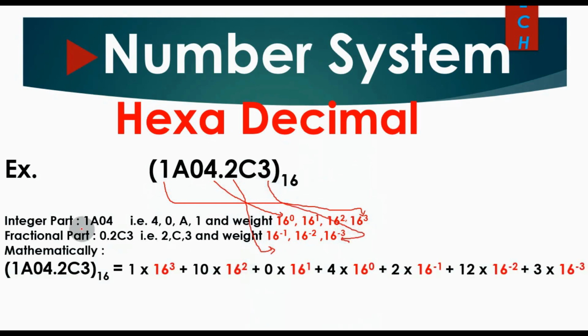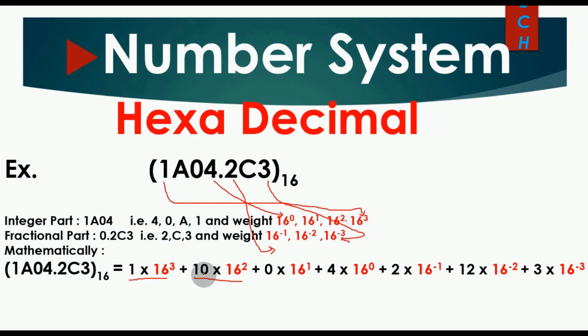If you mathematically solve this, 1A04.2C3 in base 16, you can write this as 1 into 16 to the power 3, plus 10 into 16 to the power 2. For A here in decimal, I have written 10.